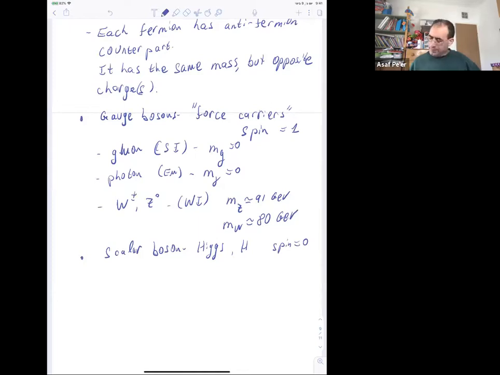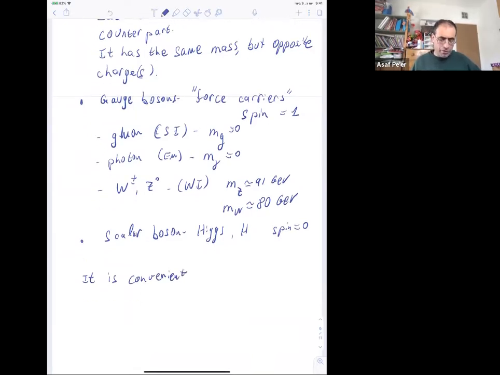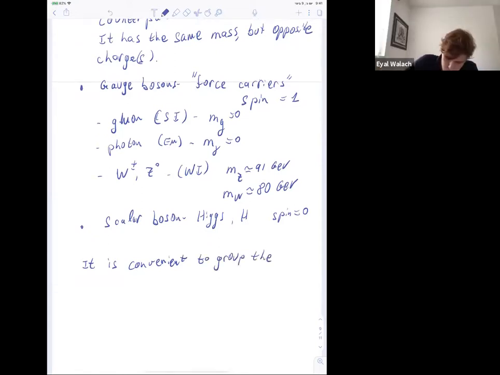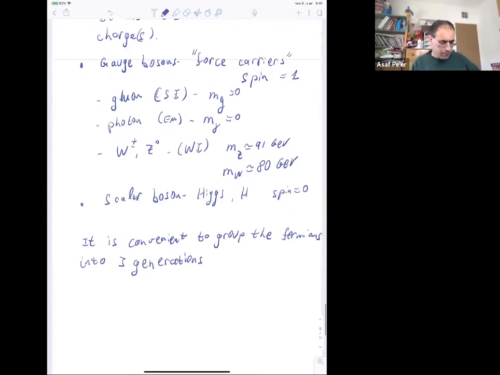So it is convenient to group the fermions into 3 generations. So for the leptons, each generation is comprised of a doublet, a pair, of 1 charged and 1 neutral lepton.